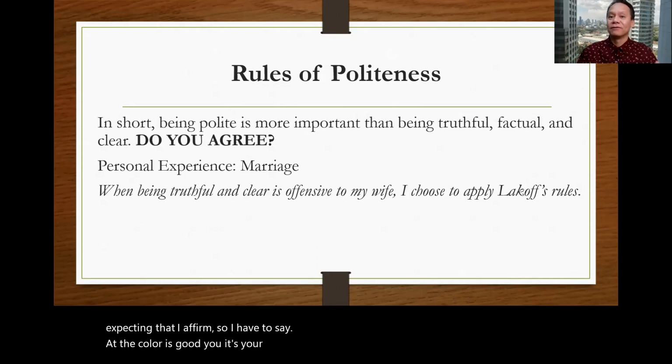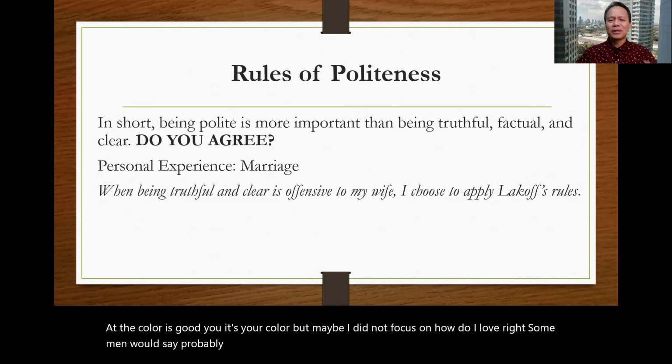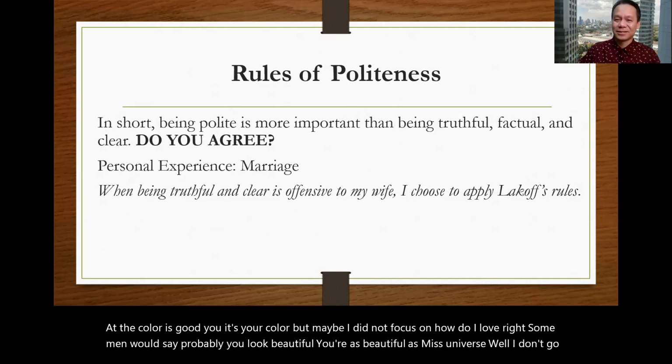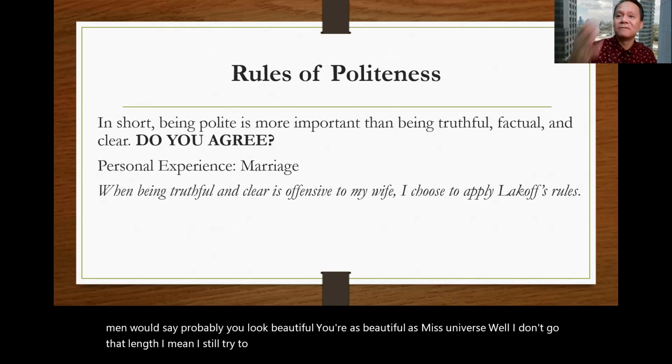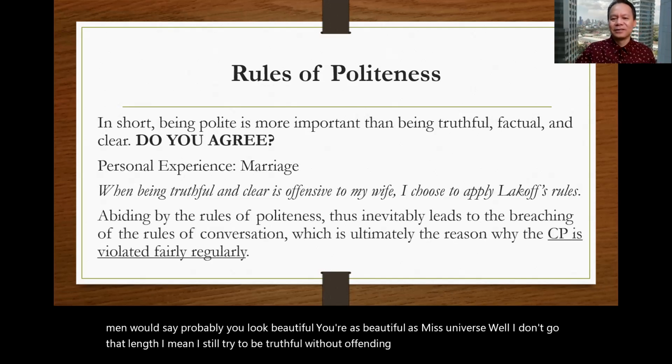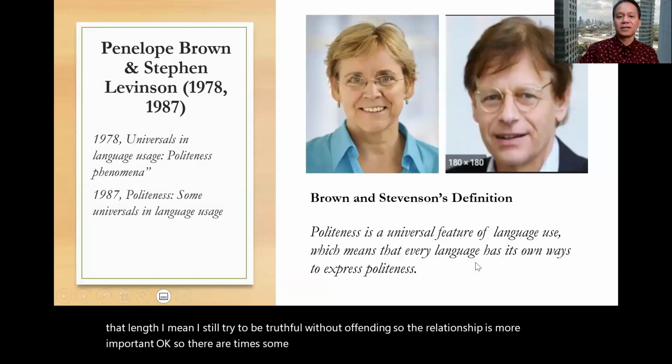But maybe I did not focus on how do I look, right? Some men would say probably, "Oh, you look beautiful. You're as beautiful as Miss Universe." Well, I don't go that length. I still try to be truthful without offending. So the relationship is more important. So there are times some of the maxims of Grice are violated.